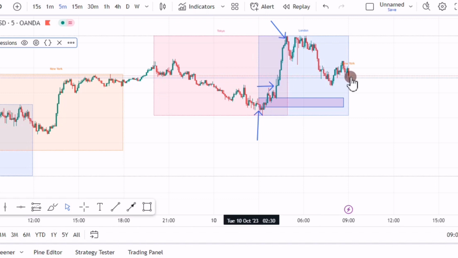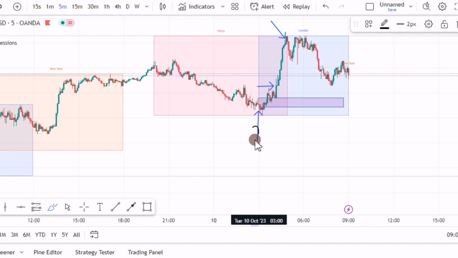But if you miss it right here on the opening of the blue box, which is the London session, on your next chance, which is the end of the Tokyo session, you increase your risk. So if you started right here with, let's say, 2 trades, right here you are supposed to start with 4 trades, so that if you win right here, you will have more profits and even cover your losses.